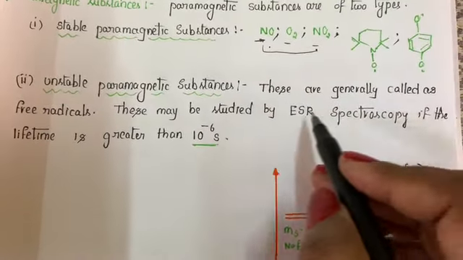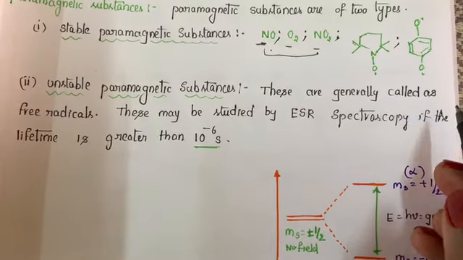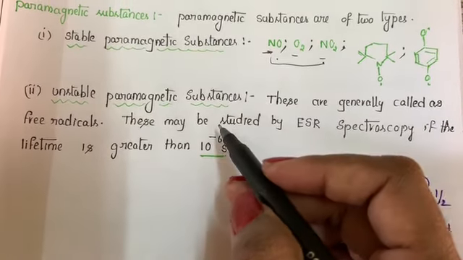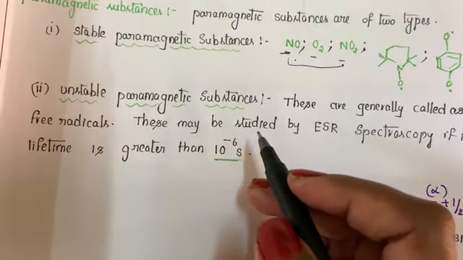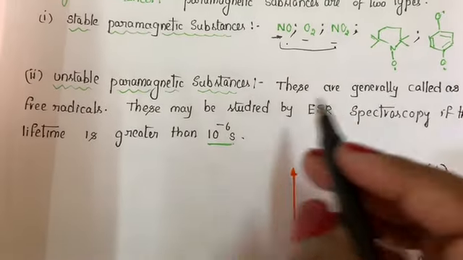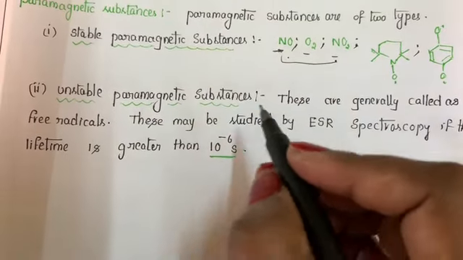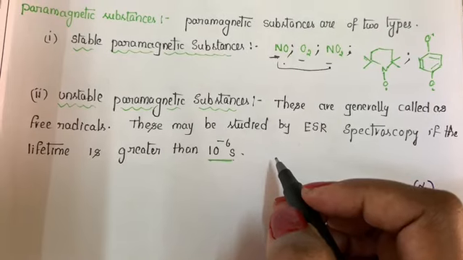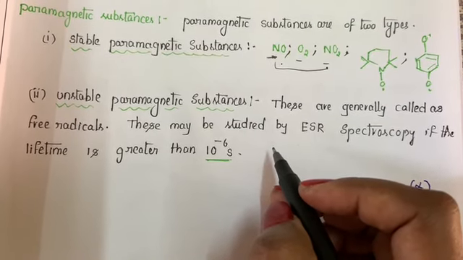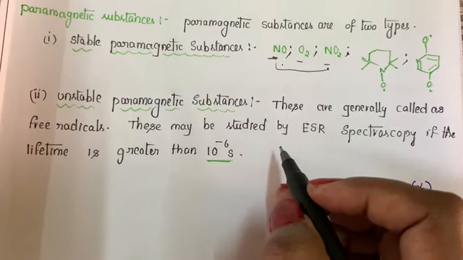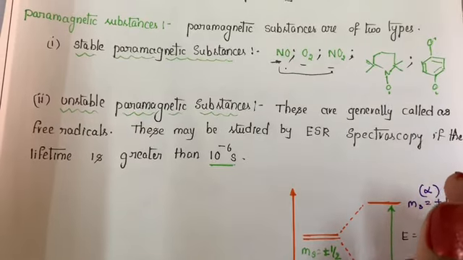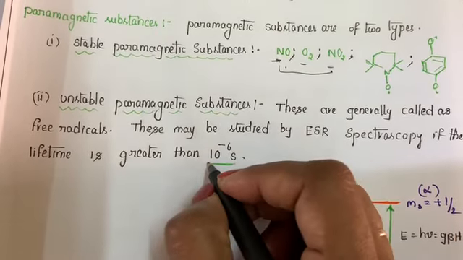Now unstable paramagnetic substances: the majority of free radicals come under this category. So all the unstable free radicals show an ESR spectrum, and to study the ESR spectrum, the lifetime must be greater than 10 to the power of minus 6 seconds.